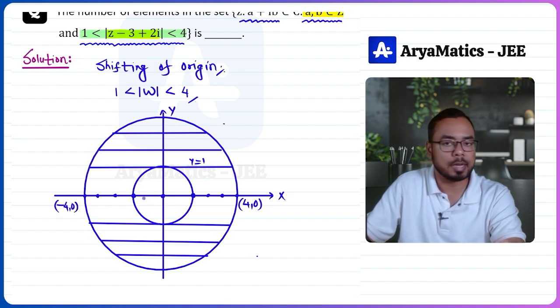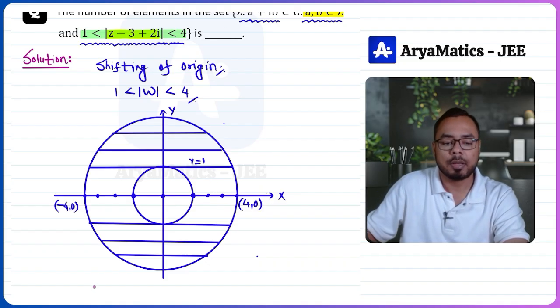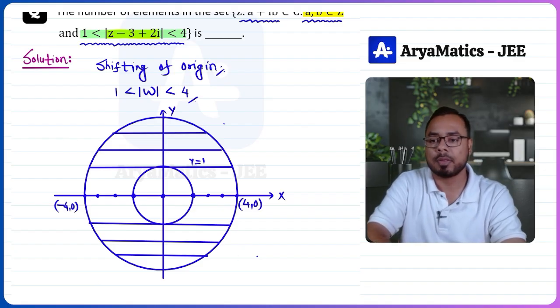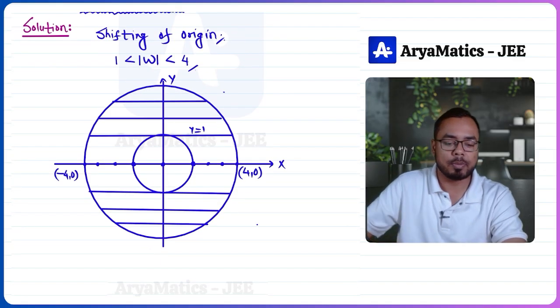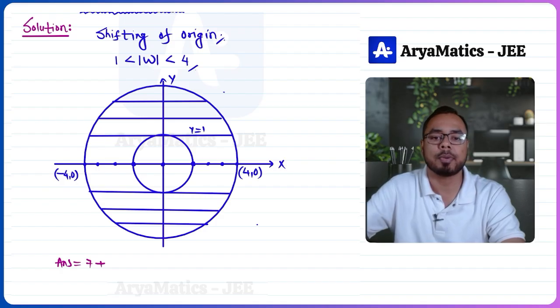So on this line, starting from minus 3 up to plus 3, we will have 7 points. So counting the points with integral coordinates, on the y equals 0 line, we are going to get 7 points.